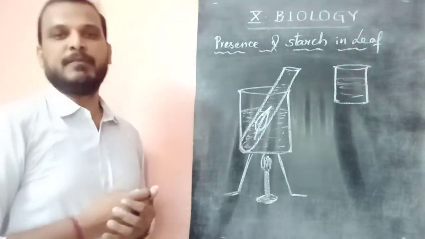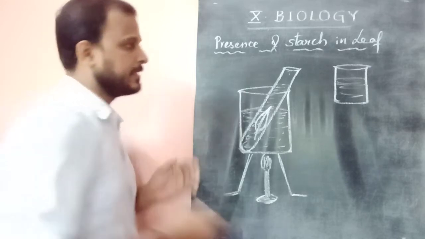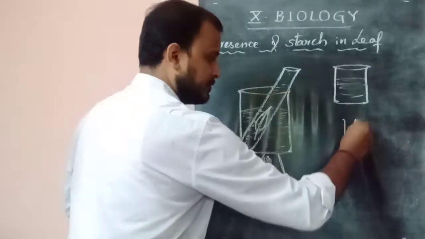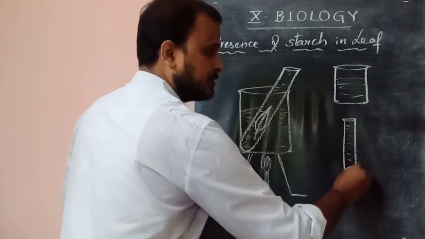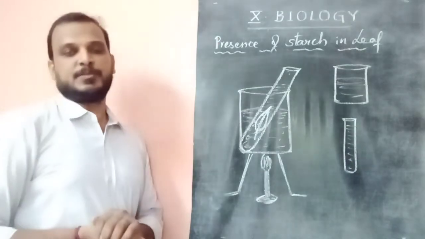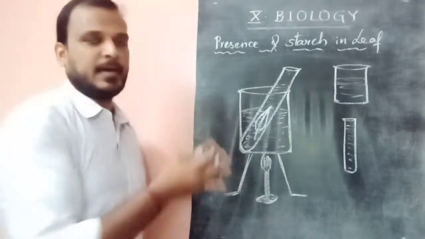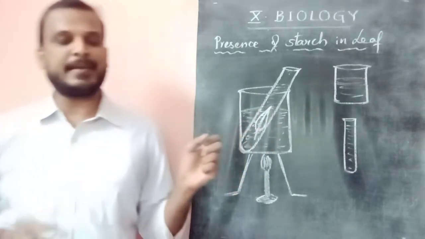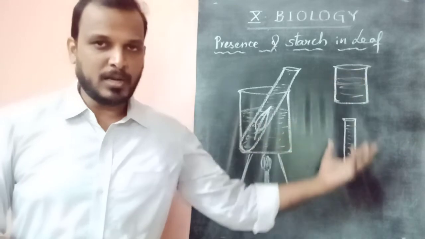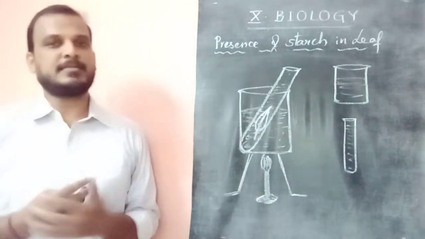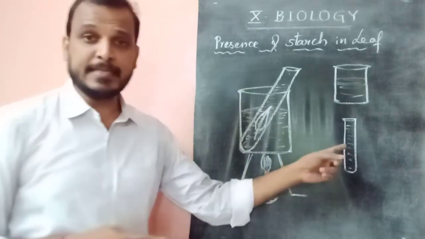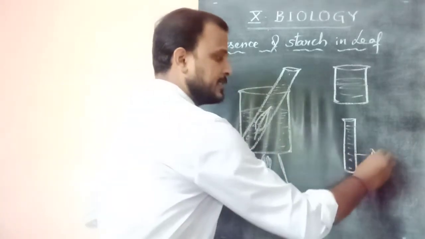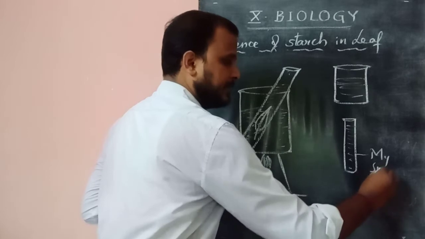Then take a test tube filled with methylated spirit. Different apparatus are combined to make such an arrangement. First we have taken a beaker with water and a test tube with methylated spirit.